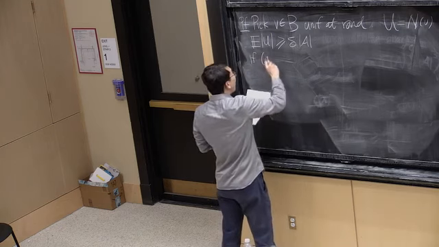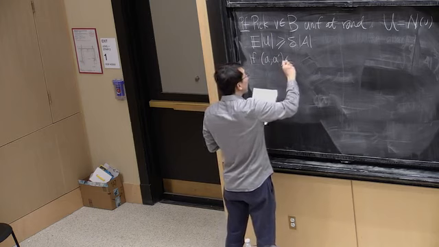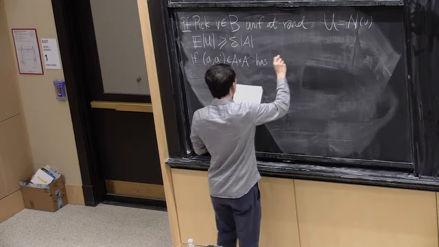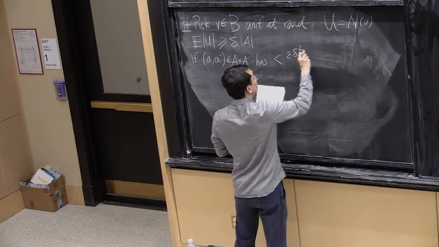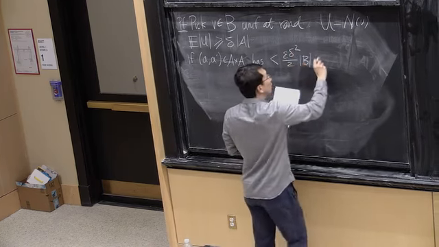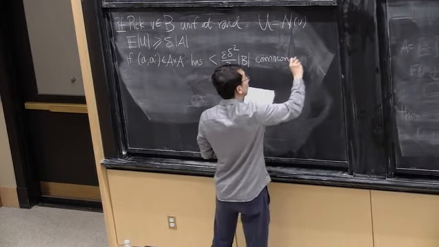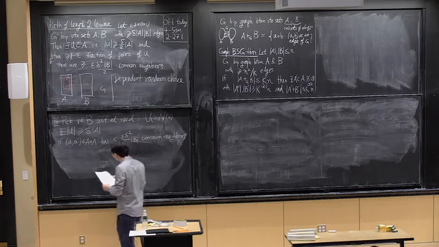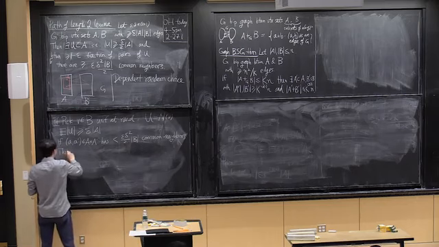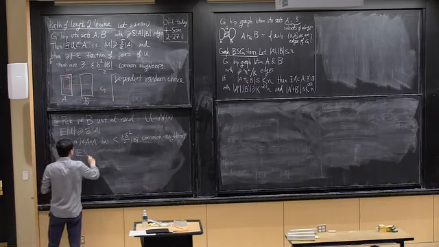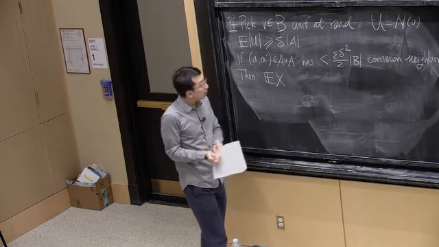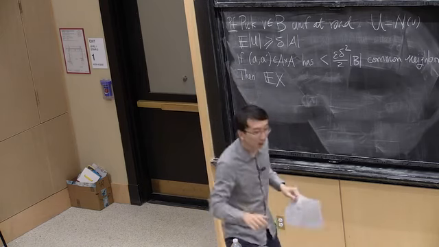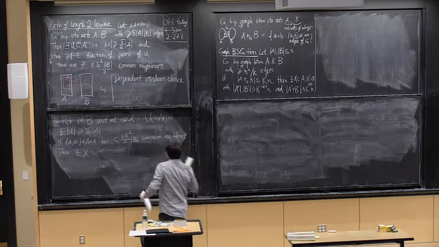If you have two vertices, A and A prime, in A with a small number of common neighbors, then, sorry, let me skip ahead a bit.